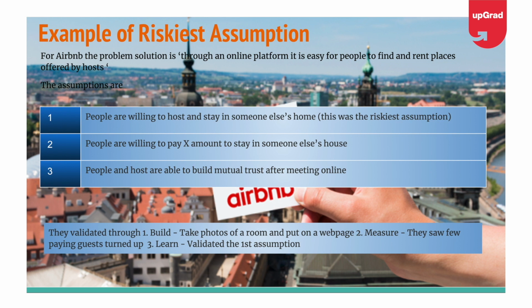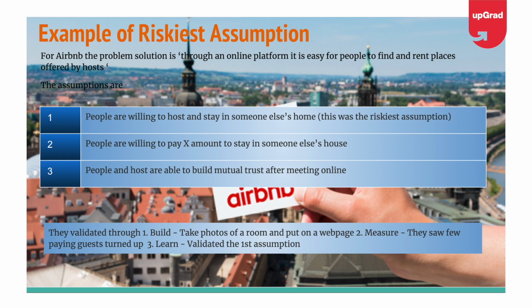The number one assumption was people were willing to host and stay in someone else's home. This was a very risky assumption, right? The second assumption was people are willing to pay X amount to stay in someone else's house, because essentially they are making it a platform where you pay to get a stay in someone's house. Which means it's an assumption. You don't know whether people will be willing to pay money. The third assumption was people and hosts are able to build the mutual trust needed after meeting online.